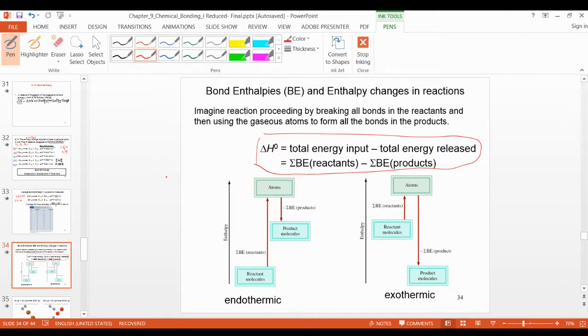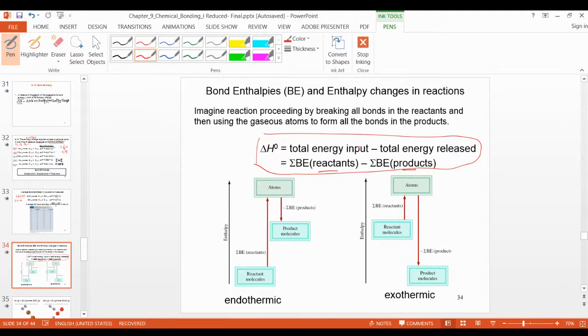If you calculate in chapter 6 it is like that, but here, if you calculate enthalpy, it is not product minus reactant, it is reactant minus product. Just remember that, don't confuse.